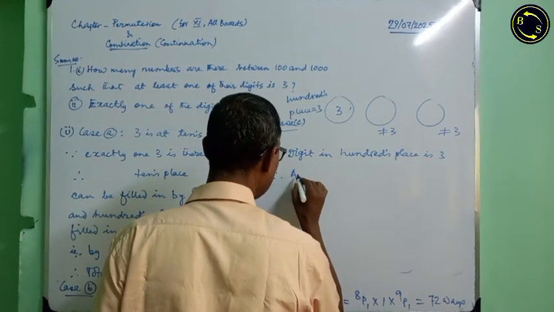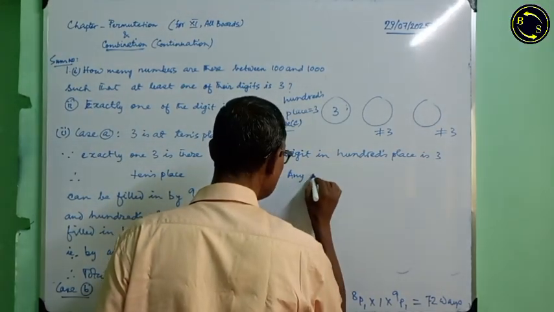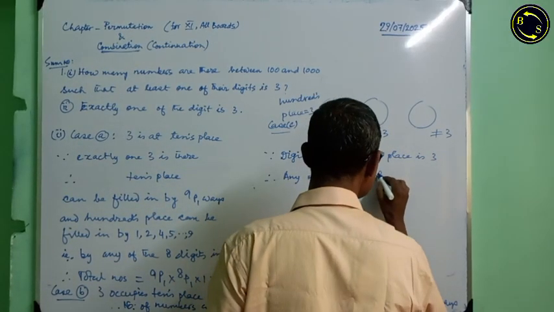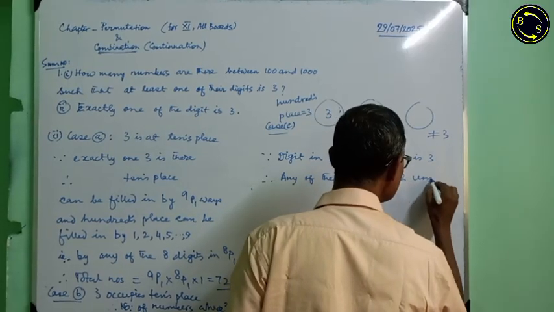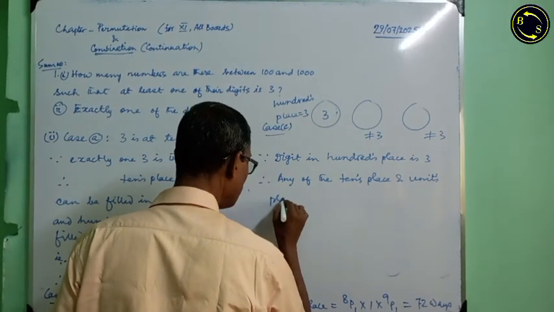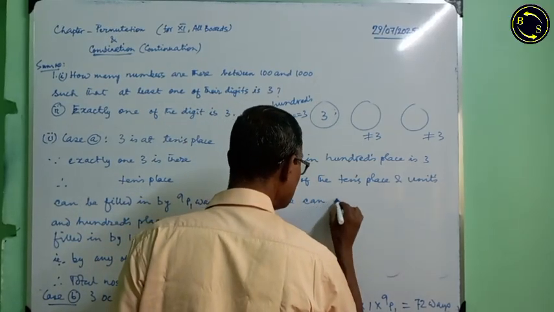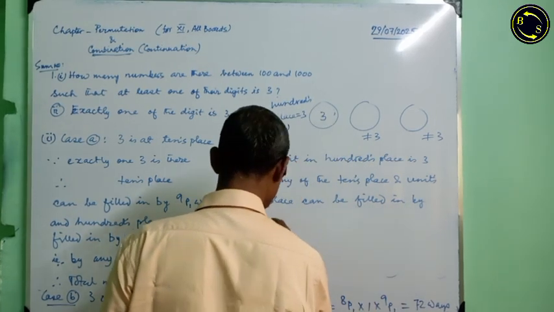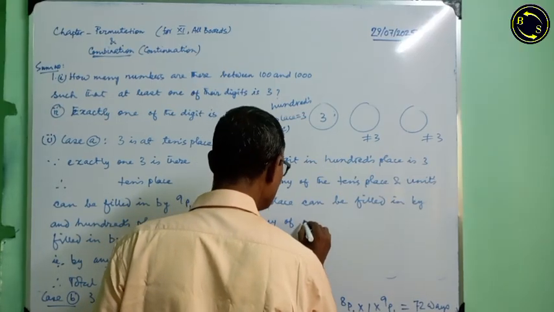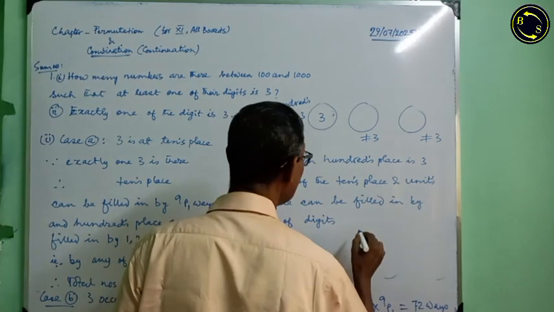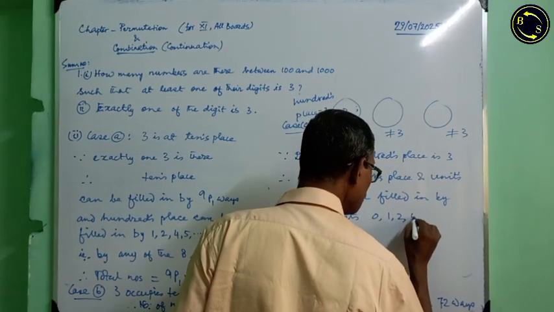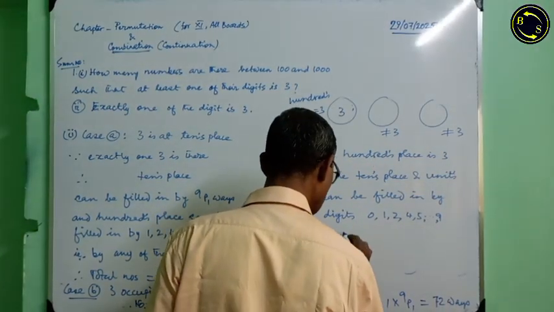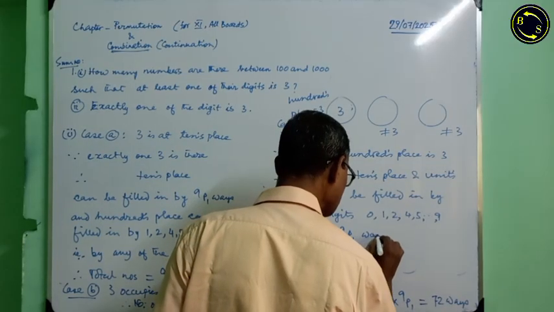Therefore, the tens place and units place can be filled in by any of the digits 0, 1, 2, 4, 5 to 9 in 9p1 ways.